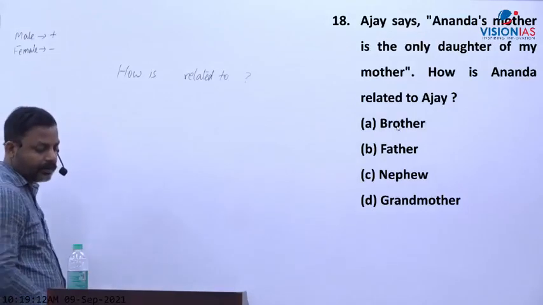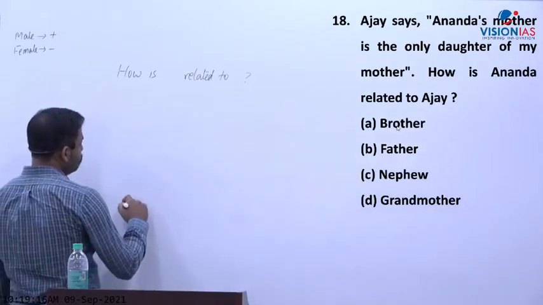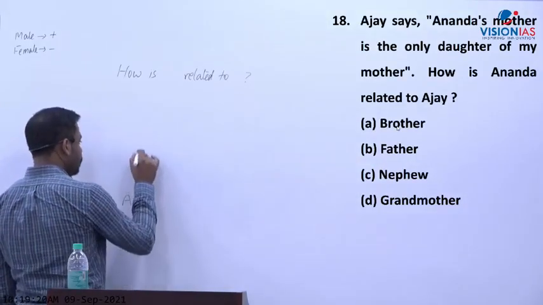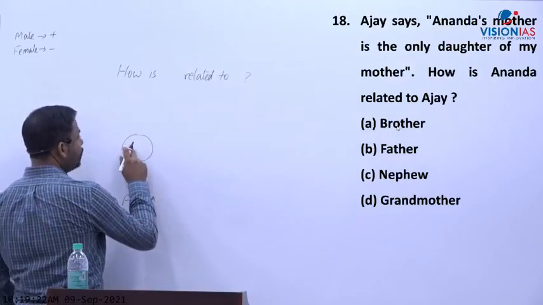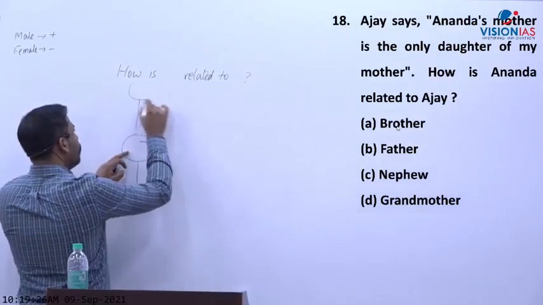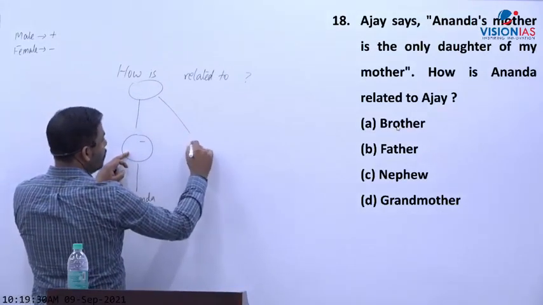So Anand's mother is the only daughter of my mother. Anand and Anand's mother. This lady is the only daughter, of whom? Of my mother, meaning Ajay's mother.